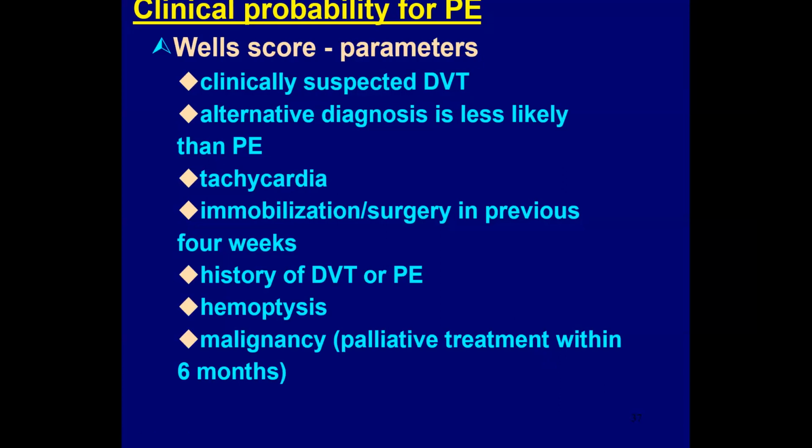Also, other parameters for the Wells score include history of DVT, if the patient's actually had it, or PE, hemoptysis, malignancy with palliative treatment within 6 months.